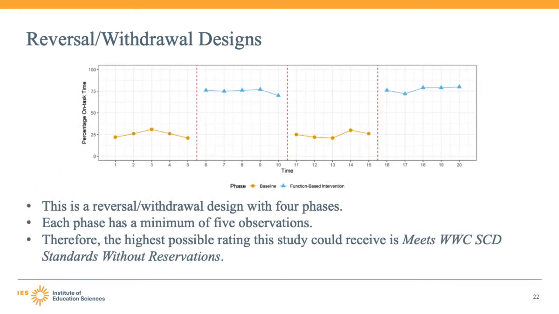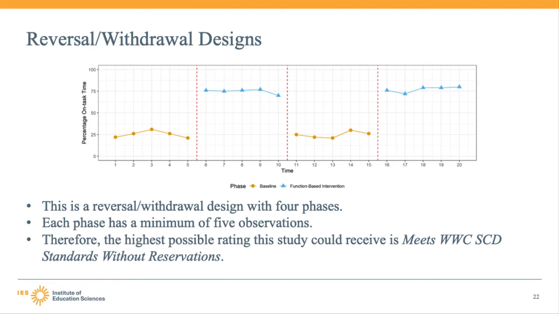For this design, the highest possible rating this study could receive is meets WWC SCD standards without reservations, given that this treatment reversal withdrawal design includes 4 phases per case, namely 2 baseline phases and 2 treatment phases, and this design includes 5 data points in each of those phases. Thus, according to the 3 demonstrations criterion, the highest rating this study could receive is meets WWC SCD standards without reservations.